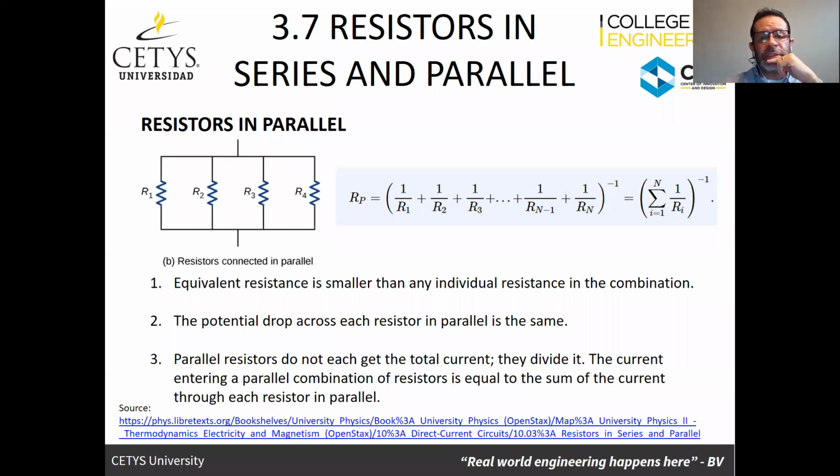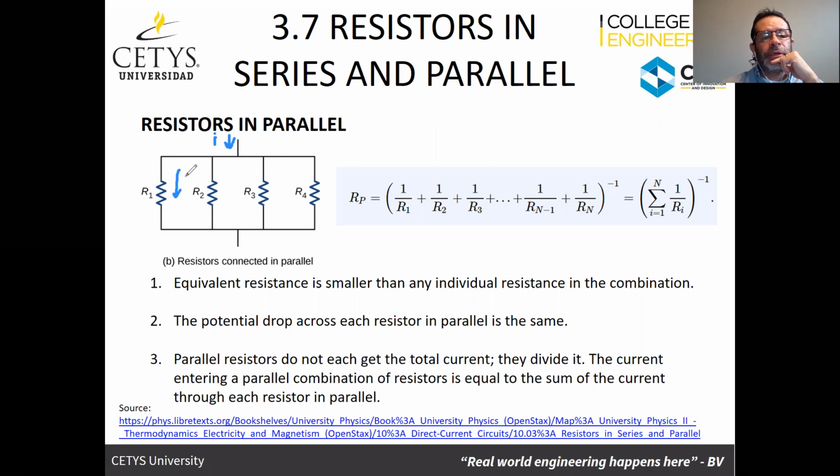Now, with regards to resistors in parallel, we are going to see that there is one current that is going to be divided.